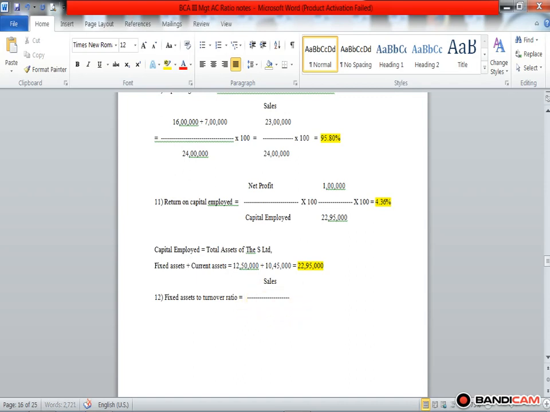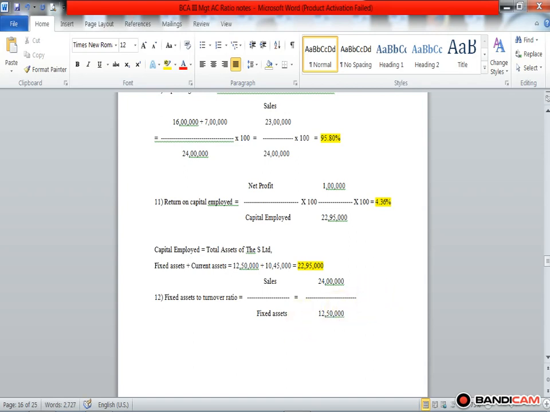We find out how many times we use the fixed assets. So it is equal to 24 lakh divided by 12,50,000, which is the total of fixed assets.